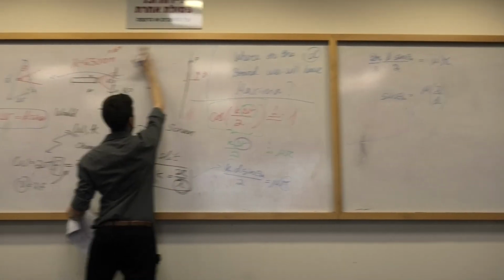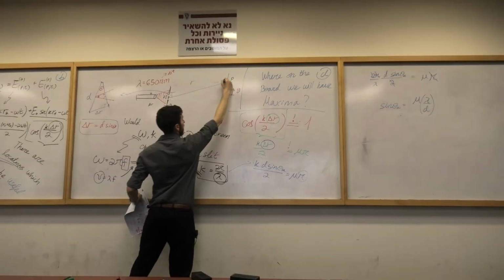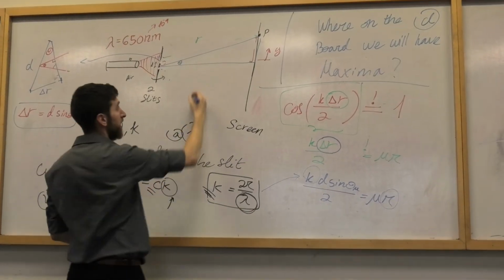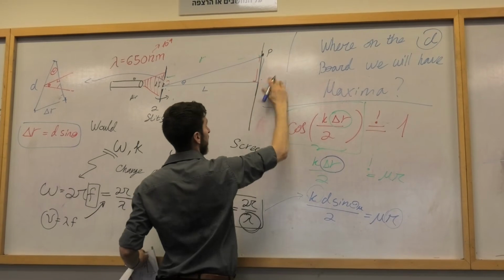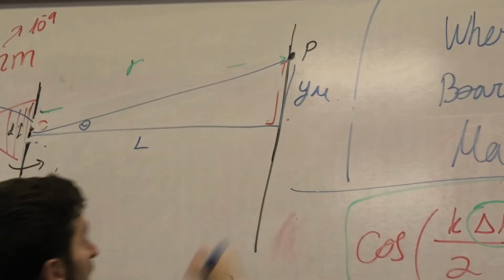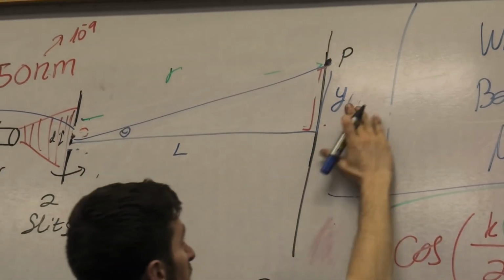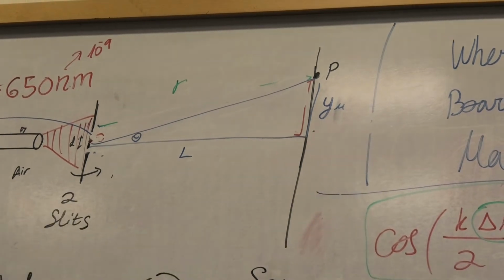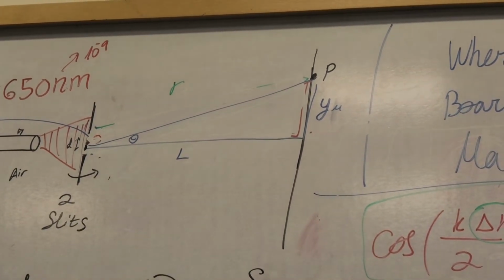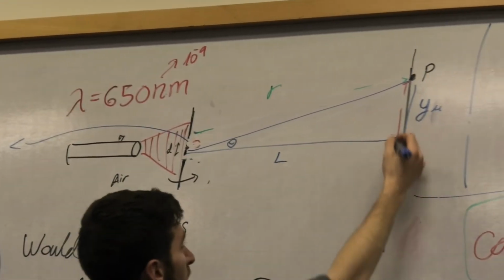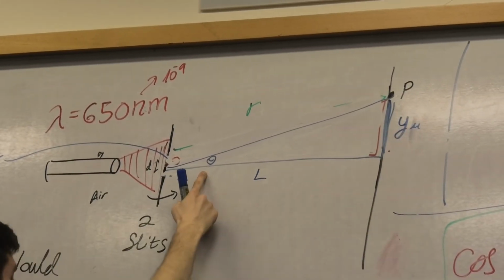Okay? So I want you to see this is theta, right? This is L. This is, for example, y maxima, right? Let's do really small m. Y maxima, right? Cool. So if we want to know that, what is this angle equal to?